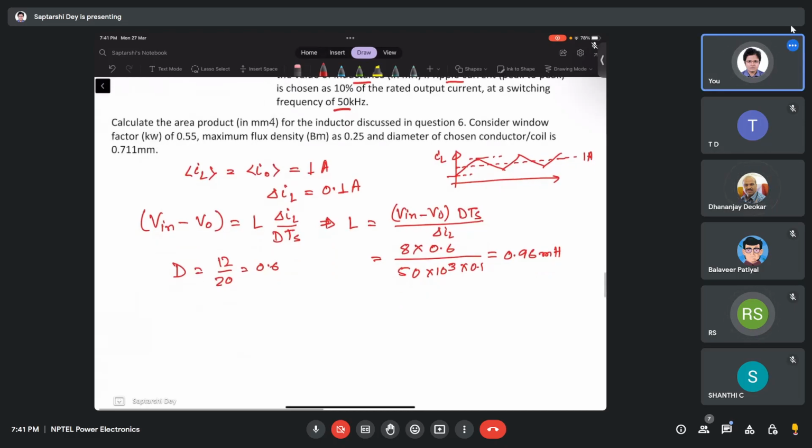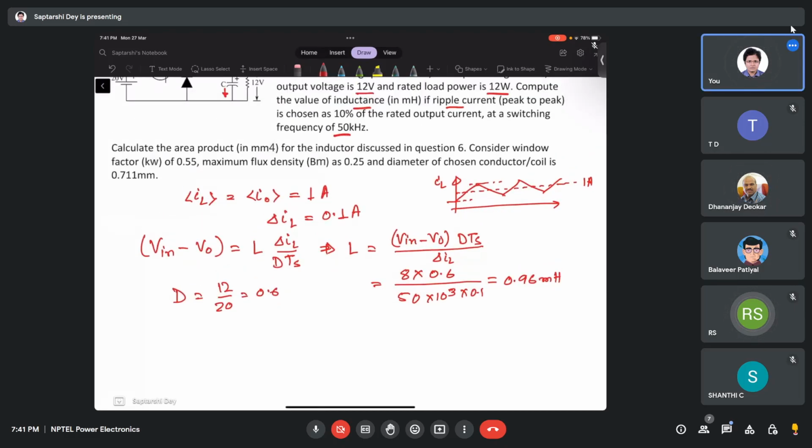Calculate the area product for the inductor discussed in question 6. Okay, so what we have to do is find the values of inductor current. Values means this I1, the minimum value, and this I2, the maximum value. What do we have? We have I2 minus I1 is 0.1, that is one equation.